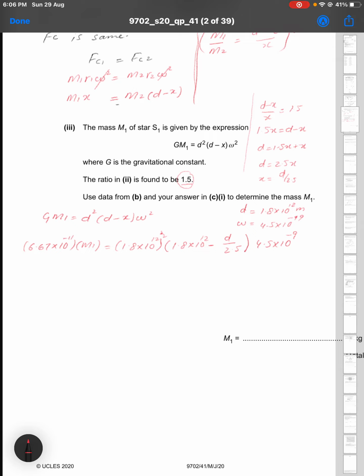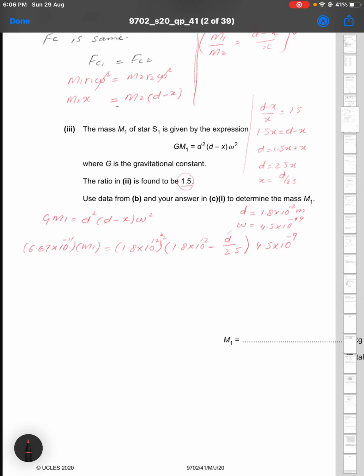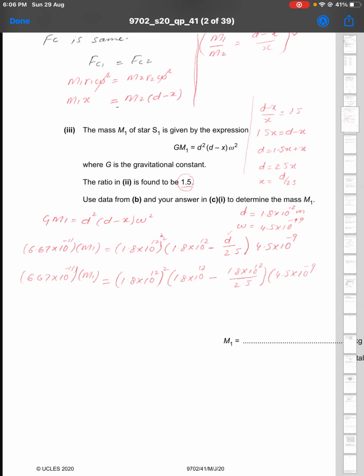So let me write this equation once again: 6.67 into 10 to the power minus 11 into m1, which is unknown, equals 1.8 into 10 to the power 12 squared, then 1.8 into 10 to the power 12 minus 1.8 into 10 to the power 12 divided by 2.5, into 4.5 into 10 to the power minus 9.